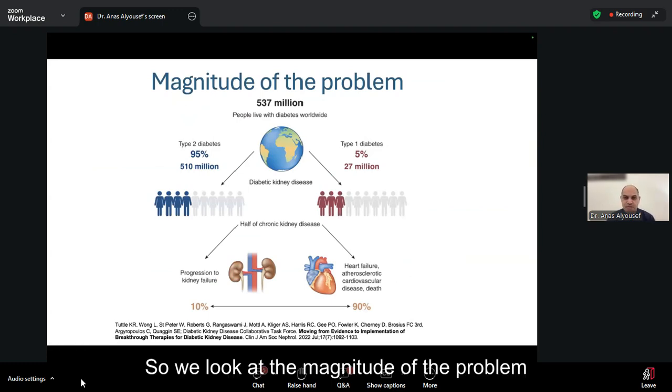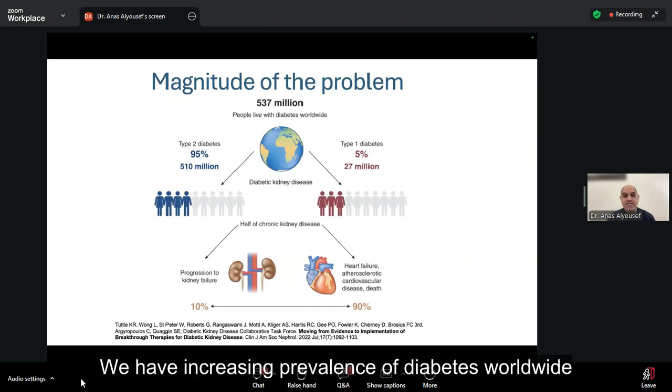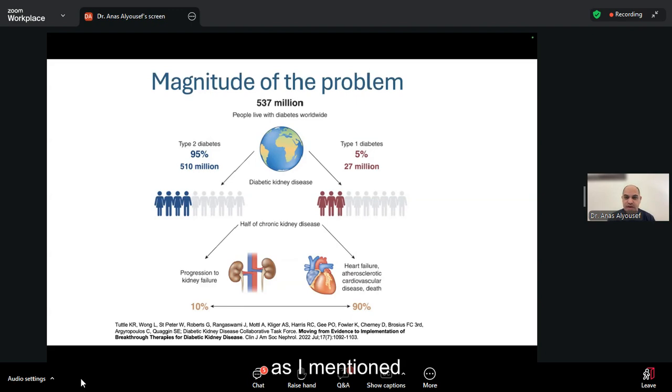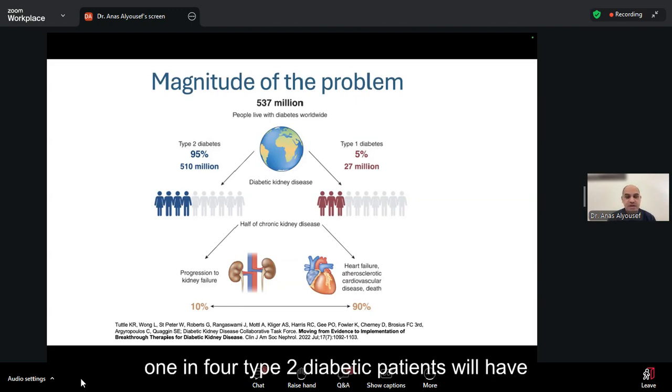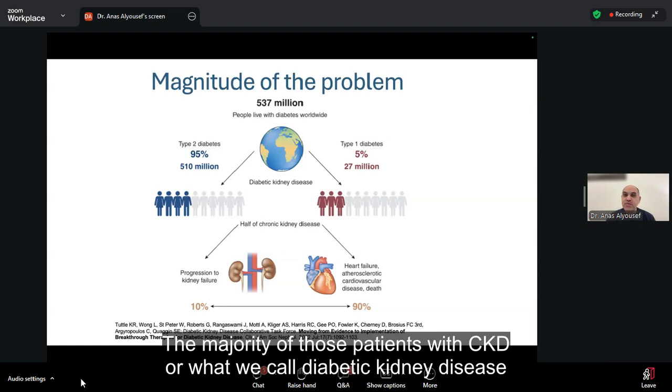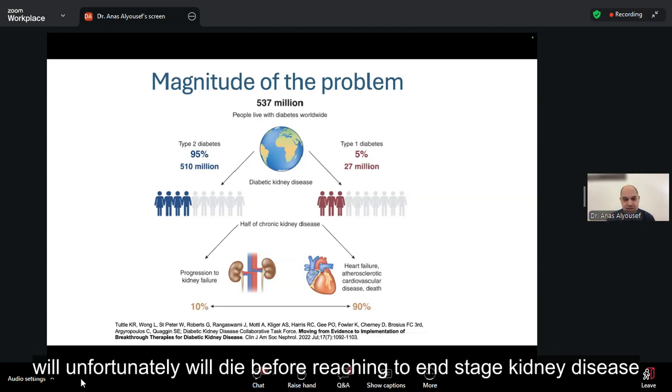If we look at the magnitude of the problem, we have increasing prevalence of diabetes worldwide, mostly type 2 diabetic patients. As I mentioned, 1 in 4 type 2 diabetic patients will have CKD, and 1 in 3 of type 1 diabetes will have CKD in their lifetime. The majority of those patients with CKD, or what we call diabetic kidney disease, will unfortunately die before reaching end-stage kidney disease.